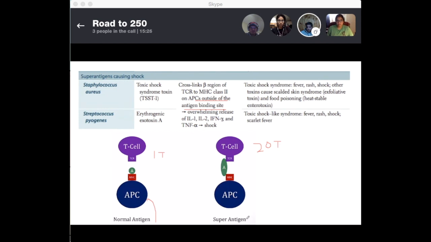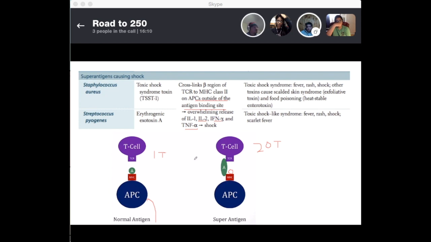It's cross-linking the beta regions of the TCR and MHC on the side, activating a bunch of T cells, which then release IL-2, interferon gamma, and TNF alpha, and that will cause the shock. So hopefully that makes sense as far as how the normal one differs from a superantigen. Essentially like forcing it to react, right? Correct, yeah. It's just making it go crazy instead of having a systematic way.